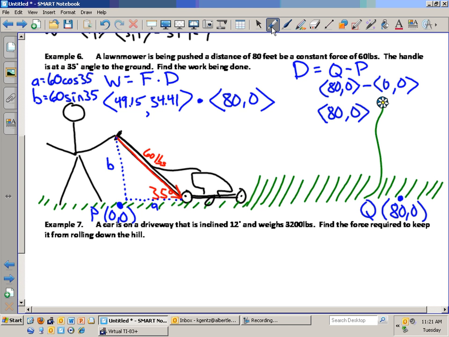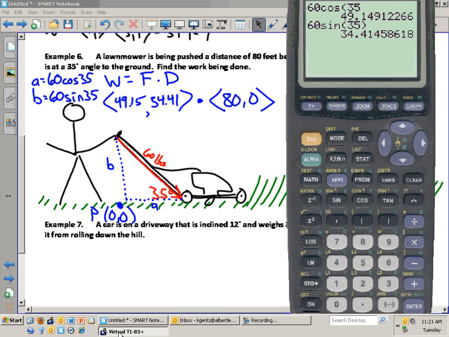So this lawnmower, as I'm pushing it horizontally, what has been the change of the lawnmower vertically? 0. So what kind of work have I done vertically? 0. And as you notice, when we multiply this out, you'll see that the vertical component of the work will be 0, that we only have horizontal work being done. So as you multiply these two vectors, we have 49.15 times 80, which is 3,932.